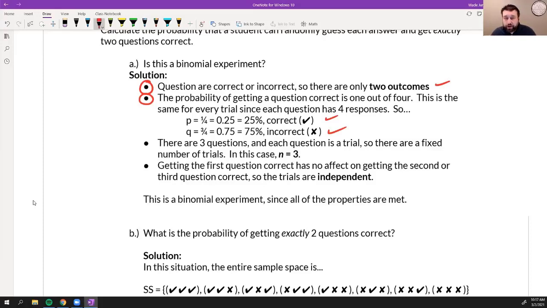Are there a fixed number of trials? Yep, there's only 3 trials because we have 3 questions. And are the questions independent? If you get question number 1 wrong, does that mean you're going to get question number 2 wrong, or does it change the probability of question number 2? And we're going to say no, they're completely independent. We have a binomial experiment.